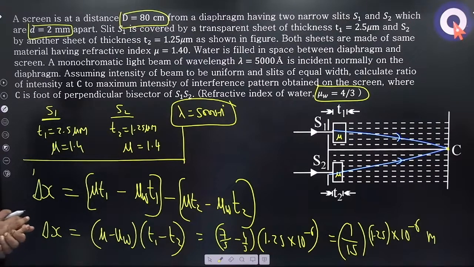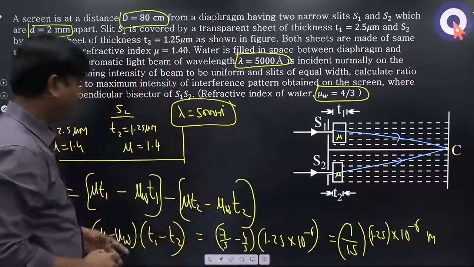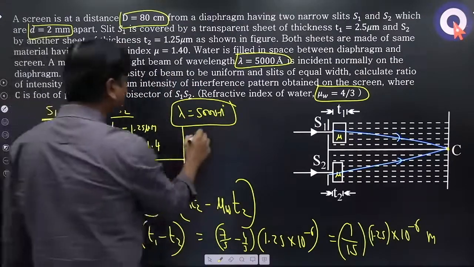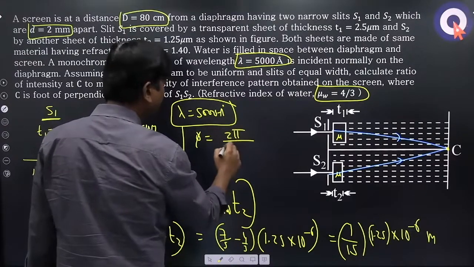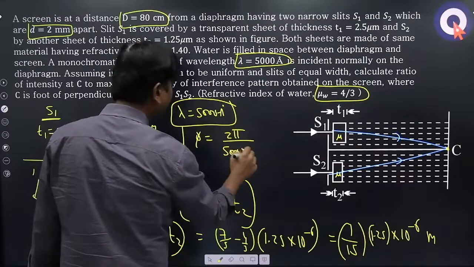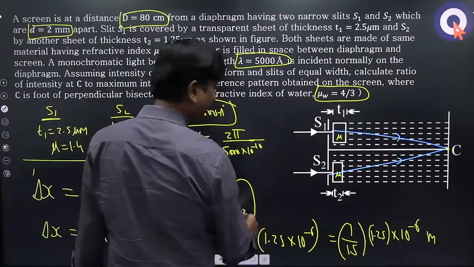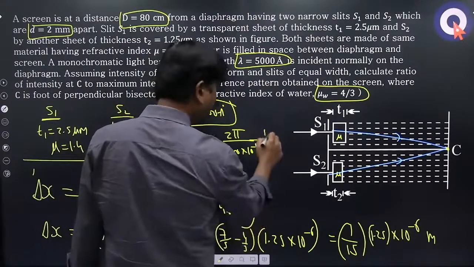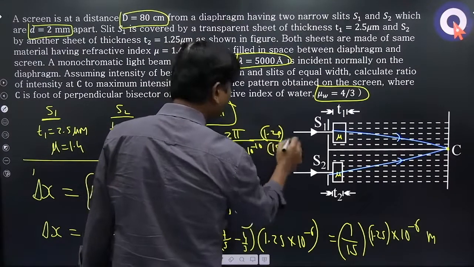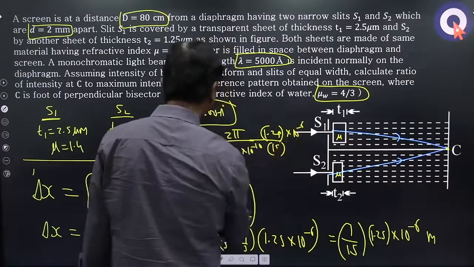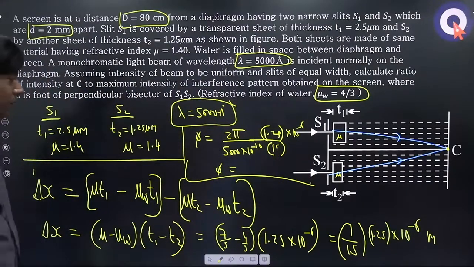And what is the wavelength? 5000 angstroms, right? Once you get delta x, how do you find the phase difference? 2 pi by lambda, which is 5000 angstroms, 5 into 10 power minus 7 meters, into delta x. Delta x is nothing but 1.25 by 15 into 10 power minus 6. So first we'll calculate this one.